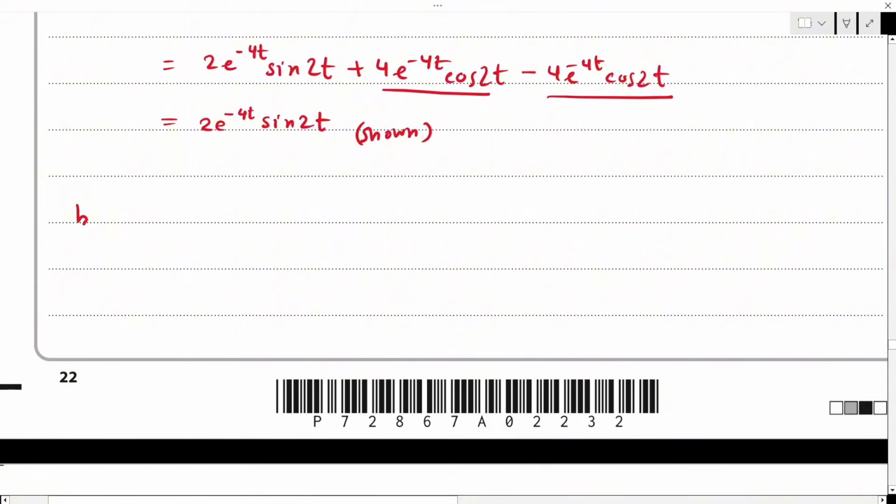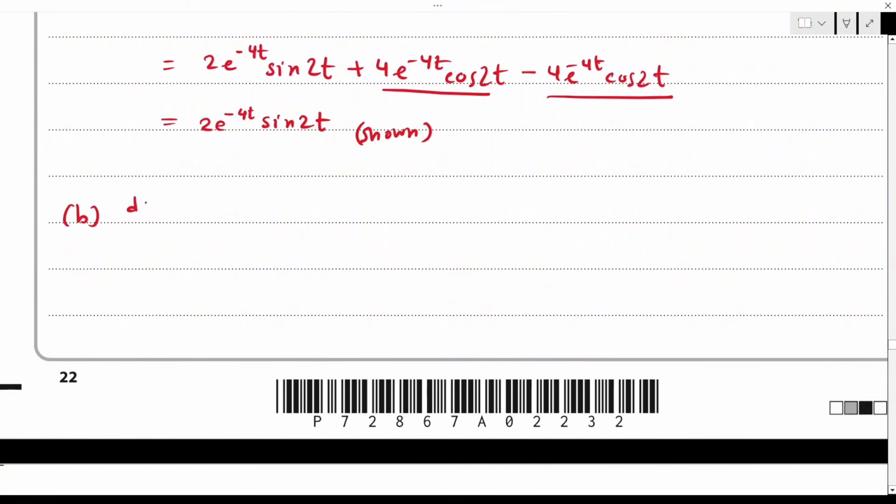So for part B, I can write that d squared y by dt squared of our expression would be d/dt of minus 2 e to the power of minus 4t sine 2t minus 4 e to the power of minus 4t cos 2t.